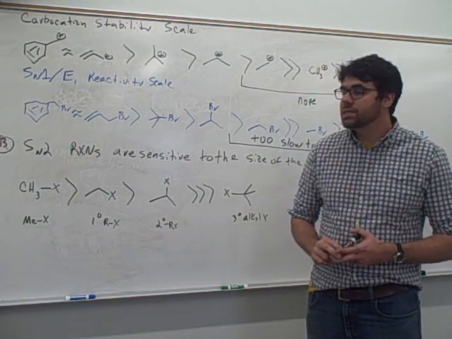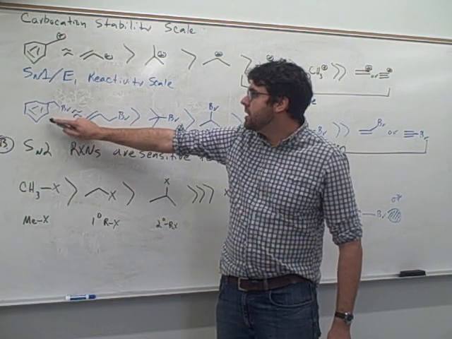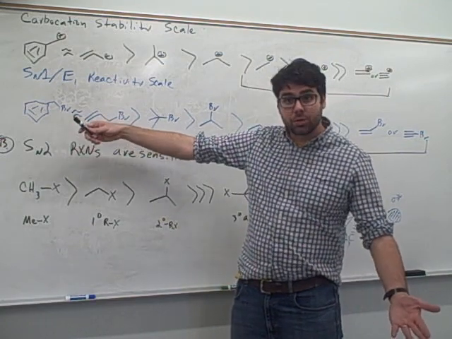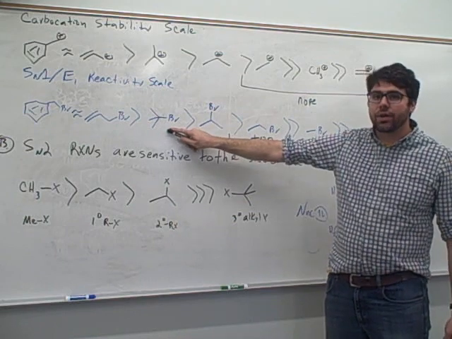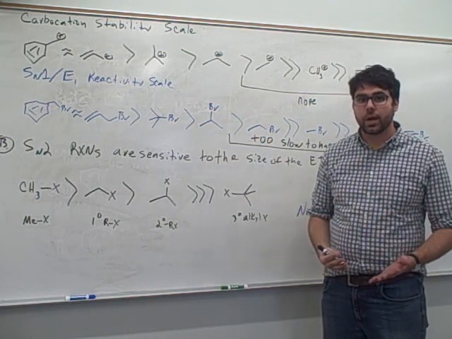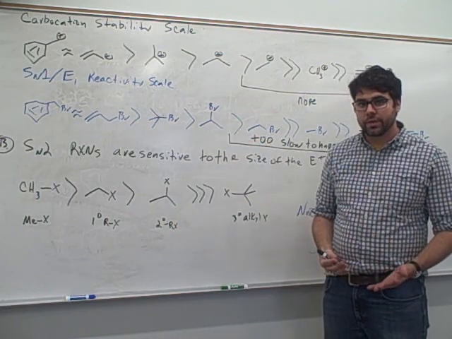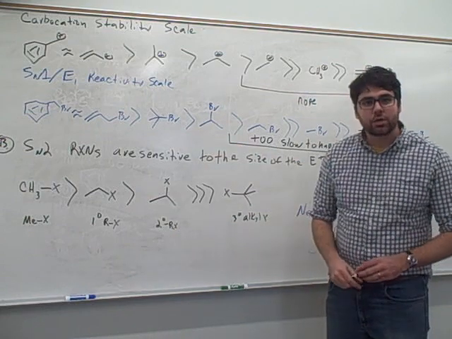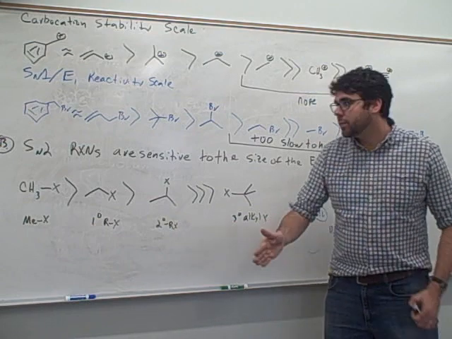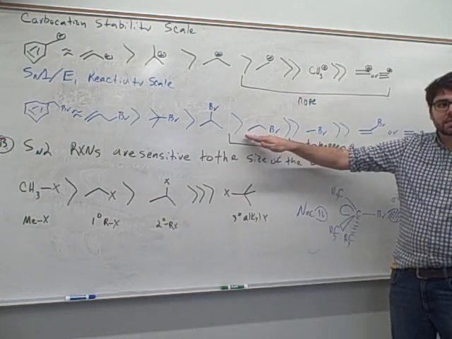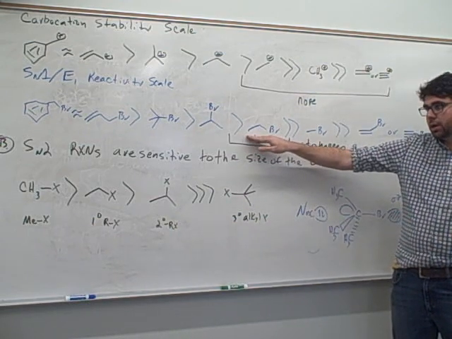And so because of this, things like benzylic halides, allylic halides, and tertiary alkyl halides are very good at undergoing SN1 or E1 reactions. Secondary alkyl halides are acceptable. They're slow, but it can happen. Anything where you form a carbocation less stable than that is simply too slow to actually work.